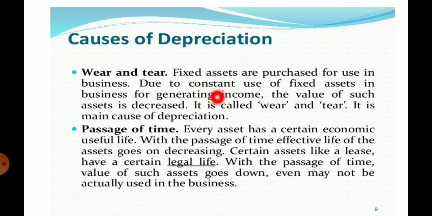Due to constant use of fixed assets in the business for generating income, the value of such assets decreases. Suppose you purchase a car for running in Ola, that car will be used continuously in the business for the purpose of earning. So the normal decrease in the value of that asset will be wear and tear.